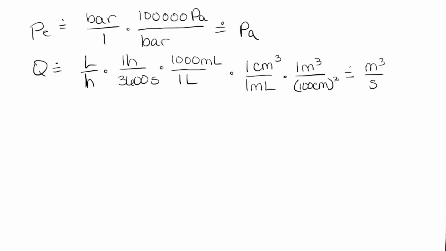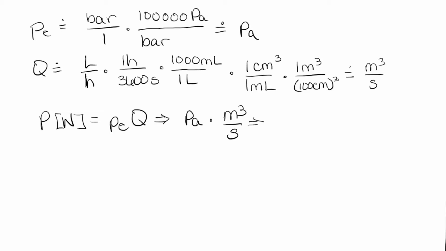Now, if we want to check and make sure that our power is going to, in fact, give us watts, you can do that analysis as well. So if I want power to be in watts, I know that power is defined by the equation for hydraulic power, the pressure multiplied by the volumetric flow rate. So I am going to get pascals times meters cubed per second.